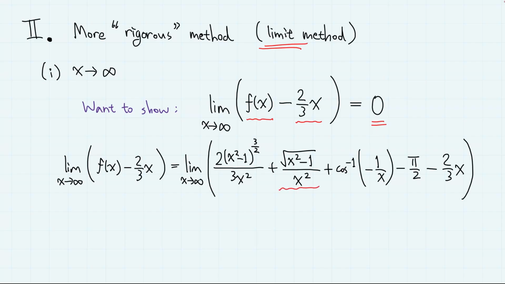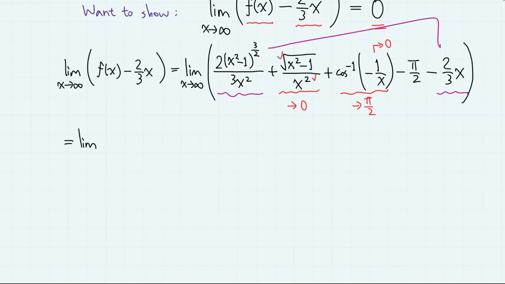Here, you can easily notice that the second term approaches 0 because it is degree 1 divided by degree 2. And the third term approaches pi over 2 since the inner part approaches 0. The only diverging terms are the first and last terms. So let's group them together to see whether the limit of this difference converges.